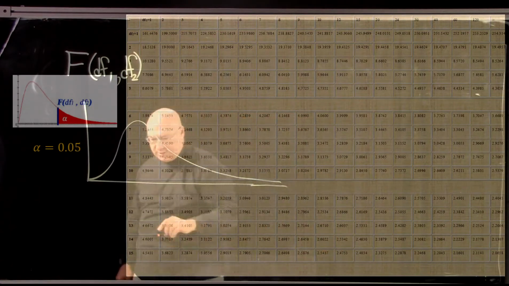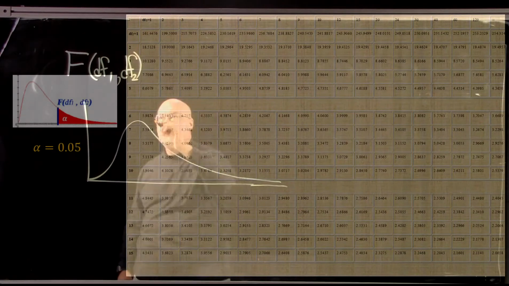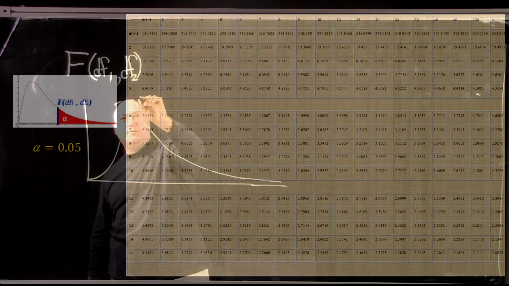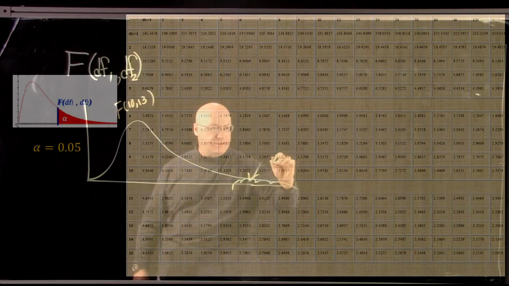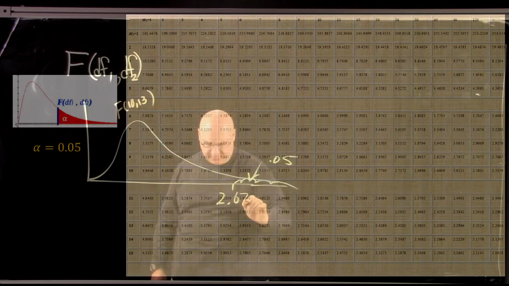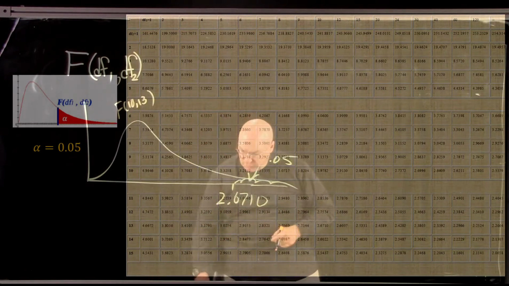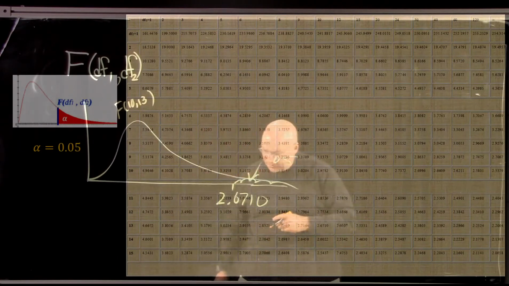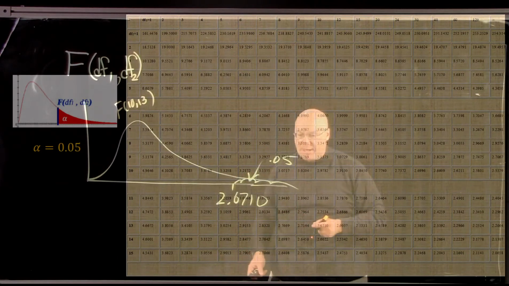So if this were F 10, 13 and we had 0.05 area there, we get 2.6710. Okay, next one, find the right-tailed critical value for 0.025 for F 9, 4.